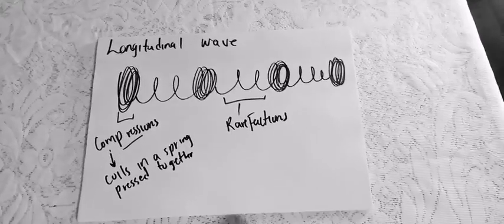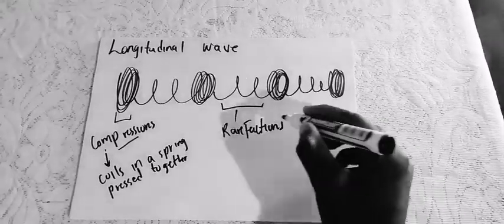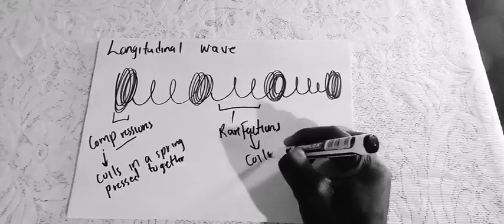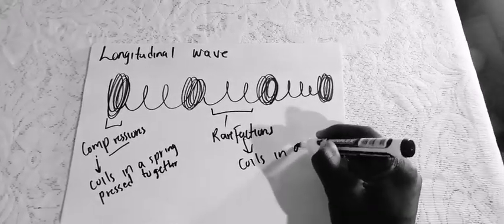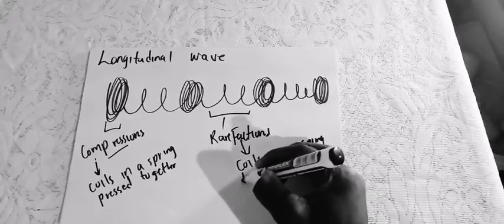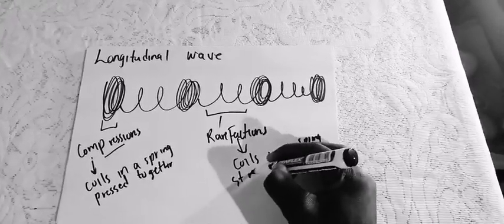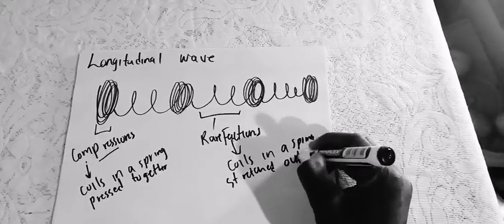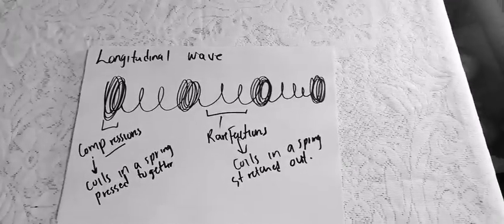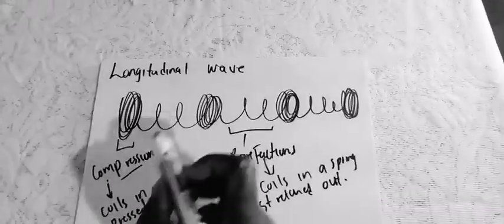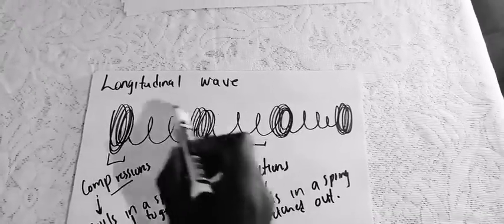Don't forget that when your teachers ask why you are saying this is a compression, you write that. And rarefactions are coils in a spring stretched apart or out. I hope you understand the difference between compressions and rarefactions.